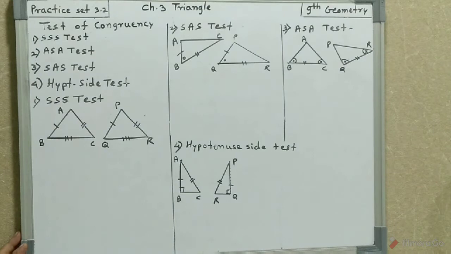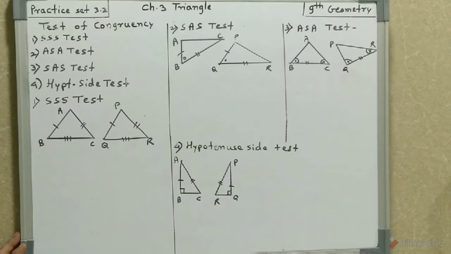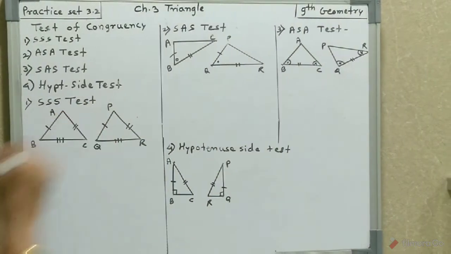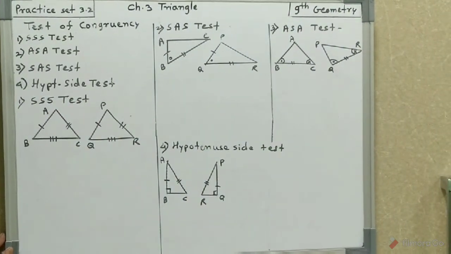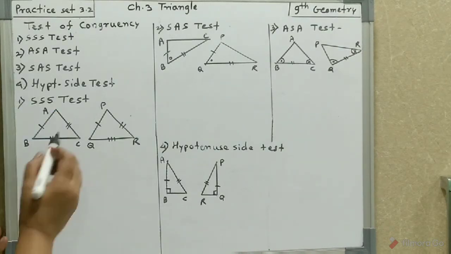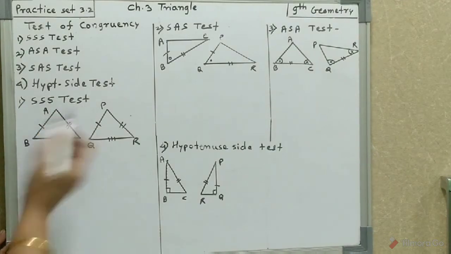Now we see the first, that is the SSS test. In correspondence, if three sides of triangle ABC are equal to three sides of triangle PQR, then the two triangles are congruent, and this property is called the side side side test, which in short we write SSS test.